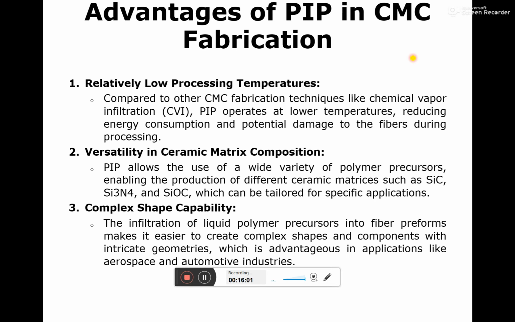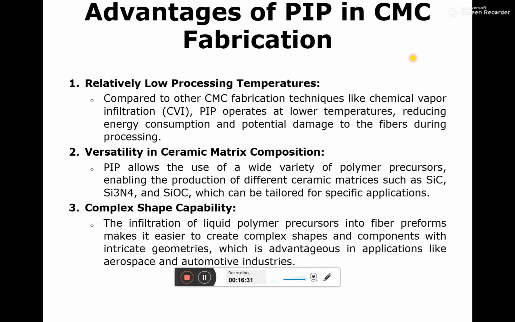Okay, coming to the advantages. The advantage is that these PIP CMCs have relatively low processing temperatures when compared to the chemical vapor infiltration process. This polymer infiltration and pyrolysis process requires a lower processing temperature.